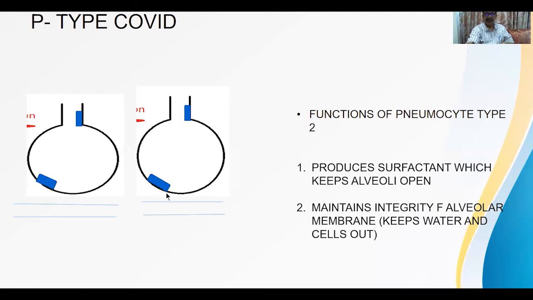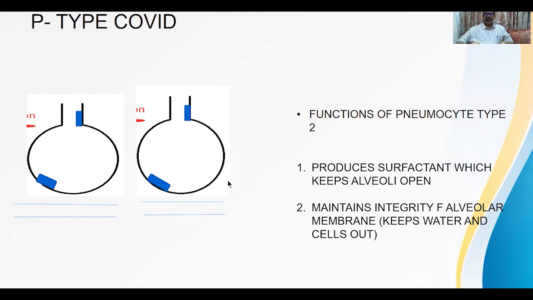This alveolar membrane is very thin. It's surrounded by a very flat, thin layer of pneumocyte type 1. Pneumocyte type 2 is important in maintaining integrity. If it is not functioning well, the integrity will be lost. Means inside things will come out, outside things will go inside. And both these things are important for this P-type COVID.